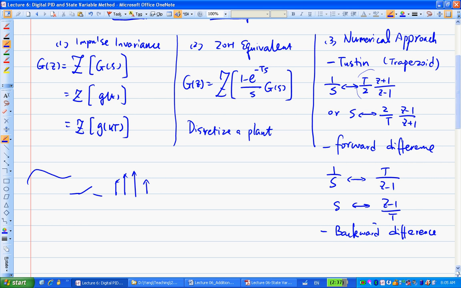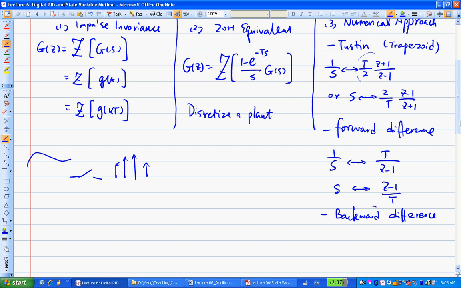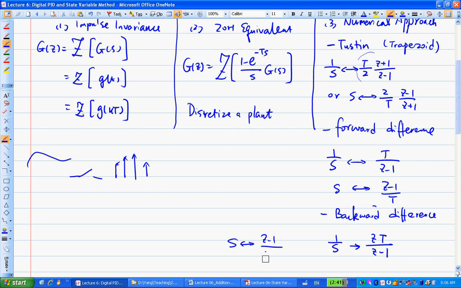In backward difference, you use the current value and create a rectangle back to the previous instant. 1 over s is approximated using zT over z minus 1, or equivalently, s is z minus 1 over zT. So those are three different numerical approaches for approximation.